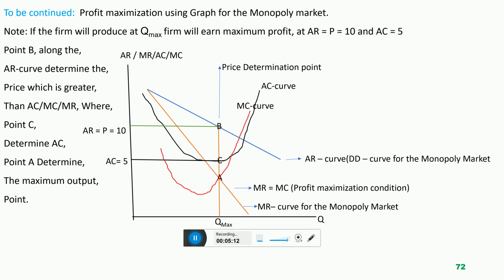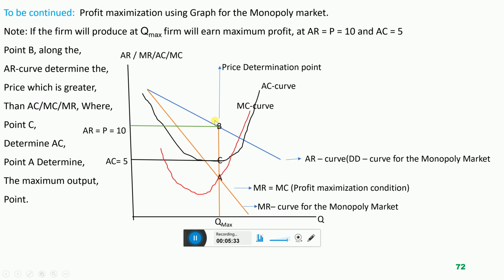We will represent all these things by graph. So this is a graph. Along the vertical axis we measure average revenue, marginal revenue, average cost and marginal cost of the company. Along the horizontal axis we measure the quantity produced.